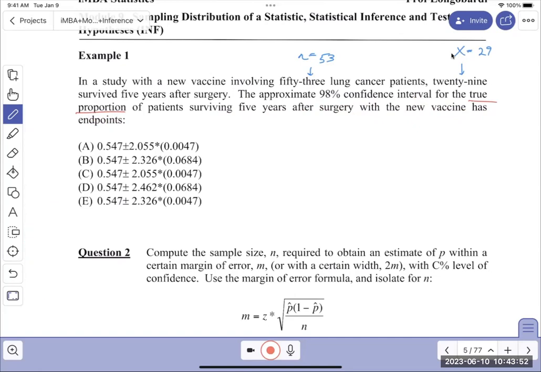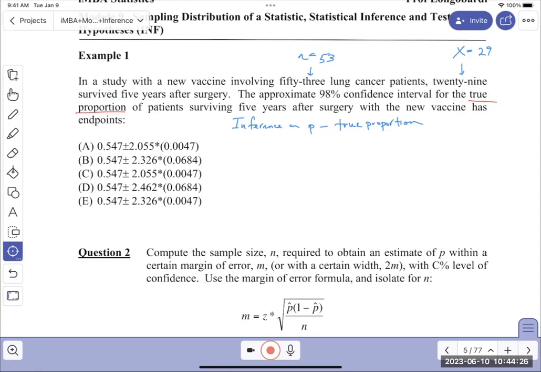So what we're doing is inference on P, the true proportion. We don't have any other information. All we have are N, 53, and X, 29. So true proportion is P. P hat is the sample.